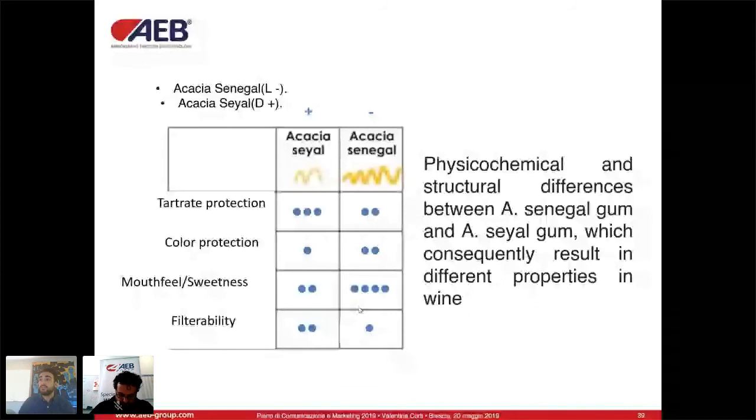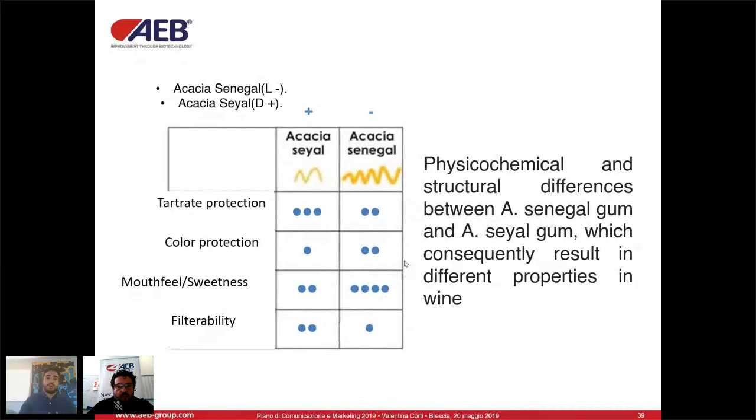In fact, Acacia seyal is more helpful for tartrate protection and has less effect on filtration, while Acacia senegal is more useful for color protection, and it adds more sweetness and more mouthfeel to the wine.